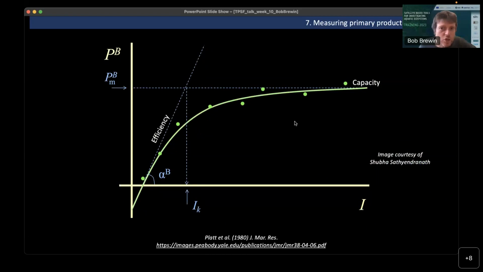This has 2 essential parameters: the initial slope, which is often linked to the efficiency of the phytoplankton in primary production, and the assimilation number, known as PB max, which is often referred to as the capacity of phytoplankton for primary productivity. We also have this parameter IK, which is essentially a ratio of these 2 parameters and gives us an index of the light levels at which the phytoplankton are acclimated.